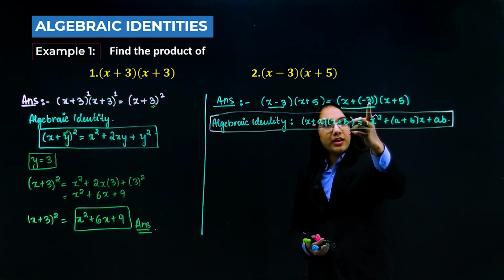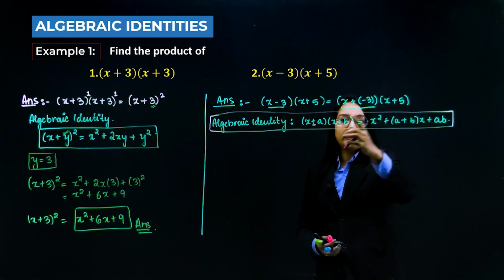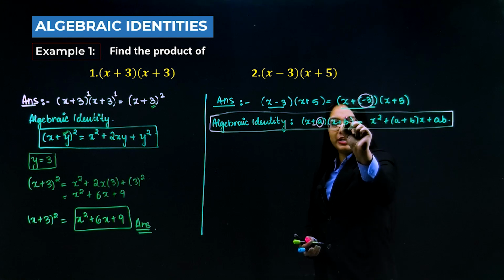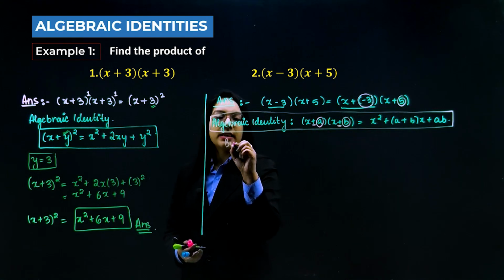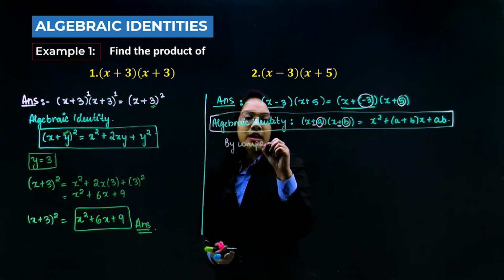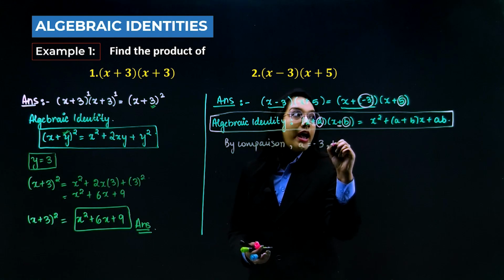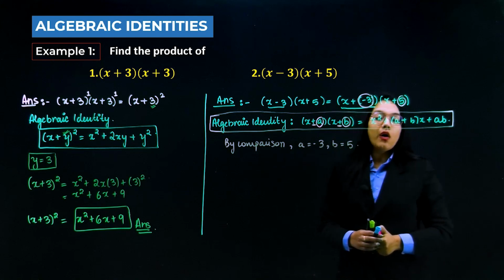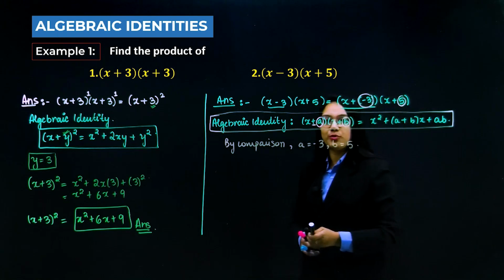If I compare this expression with this one, I can easily say that a is equal to minus 3 and b is equal to 5. So we have to plug in a is equal to minus 3 and b is equal to 5 in this algebraic identity.